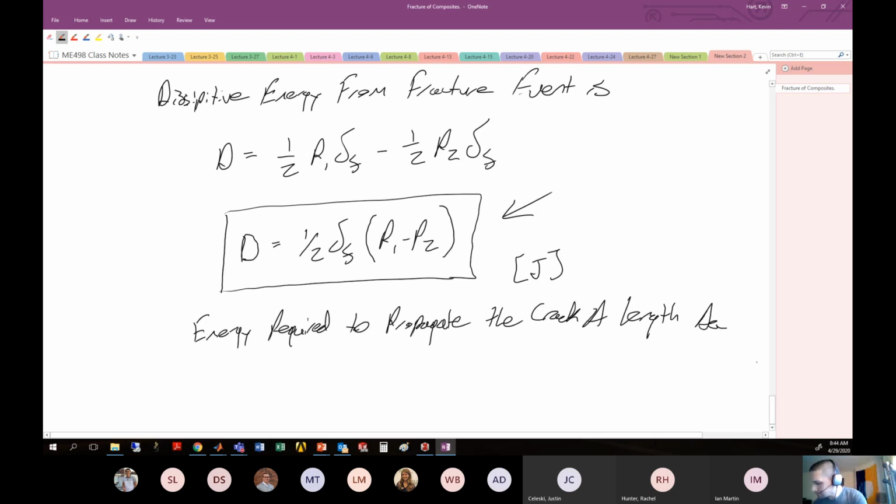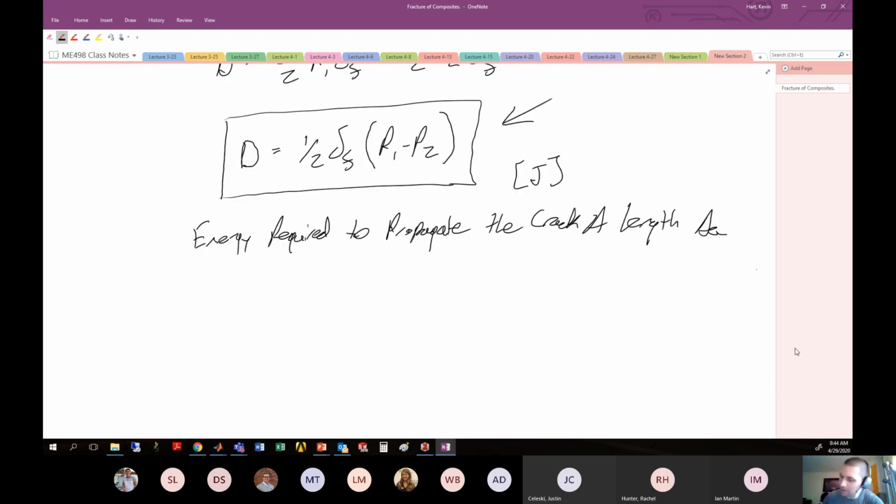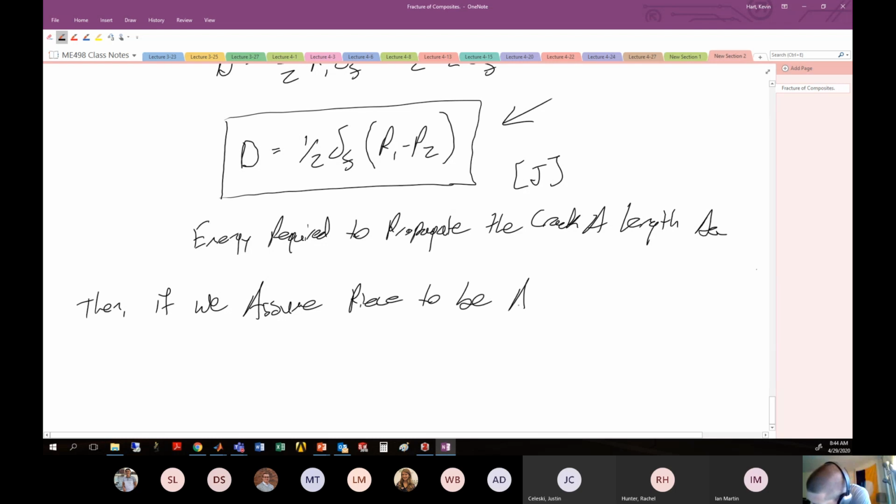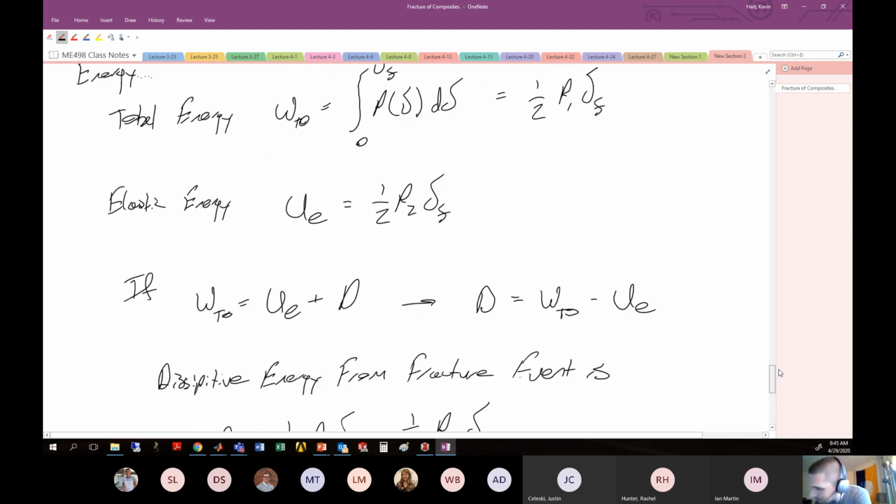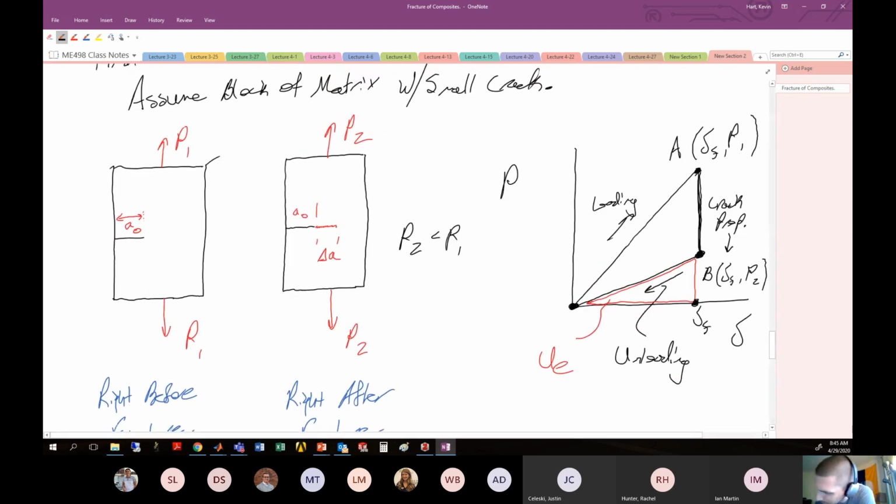So if this is our energy required to create that particular fracture, then if we assume the piece to be a thickness of, here's a variable b, into the page. Back up to my figure here. We're assuming that this is a thickness of b into the page.